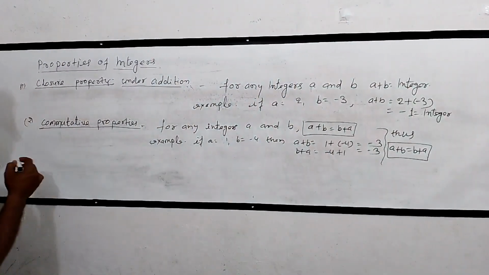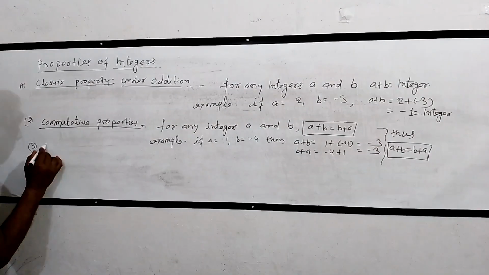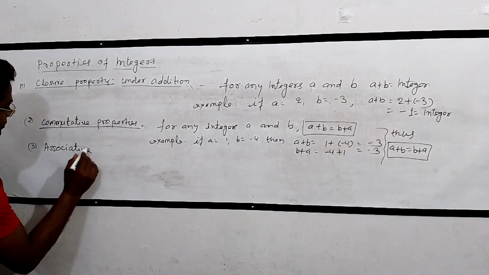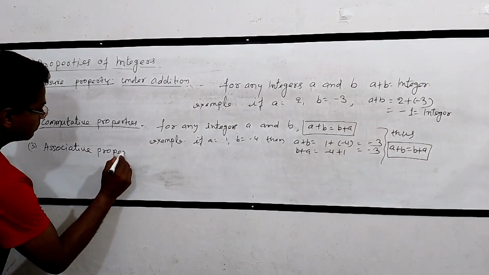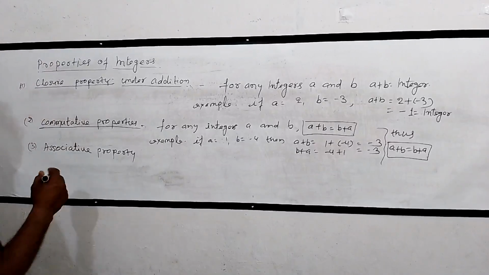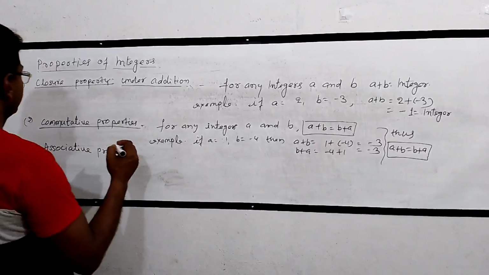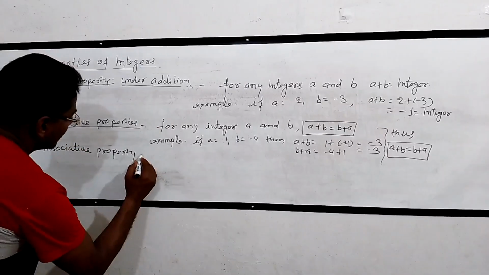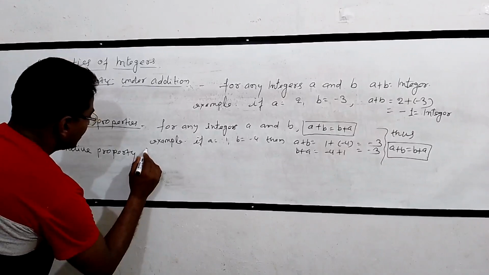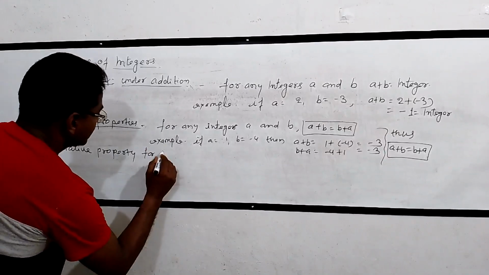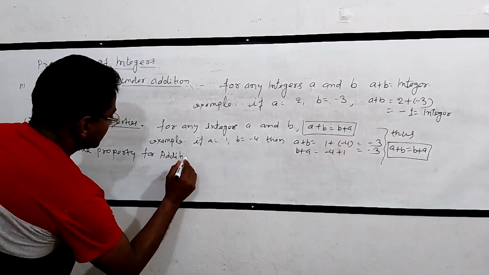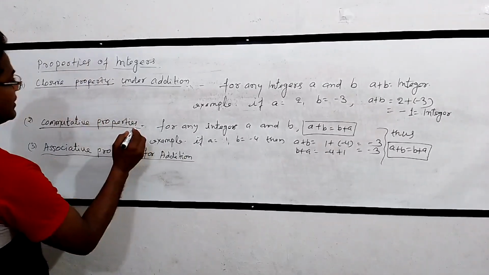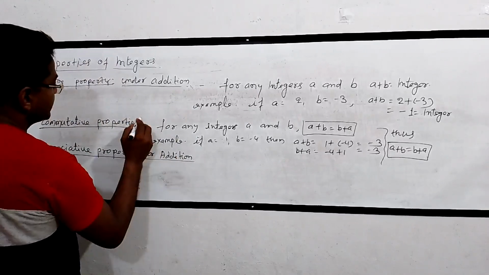The next one is the associative property. Associative property for addition.